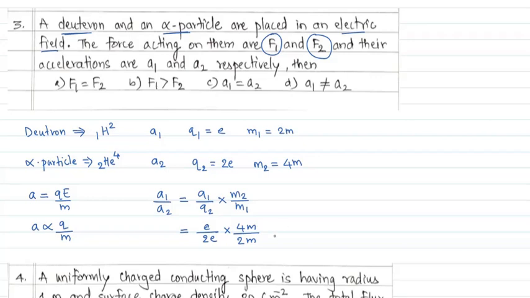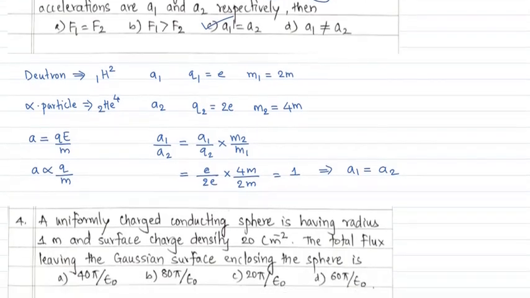So e and m get cancelled, you will have the ratio as 1, which implies A1 is equal to A2. So option is C. Clear, students? Next, fourth one.